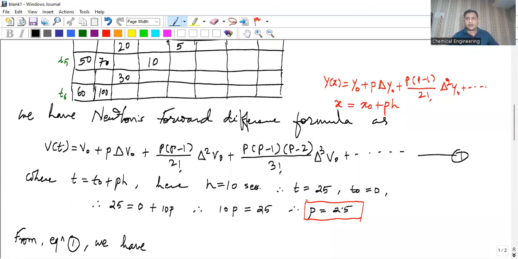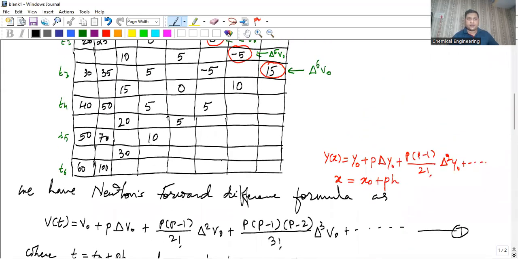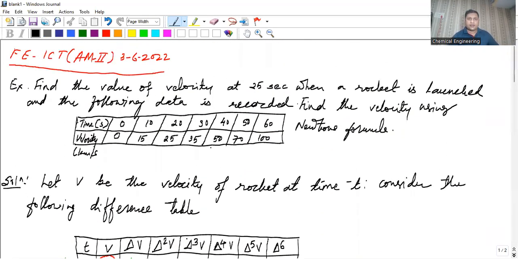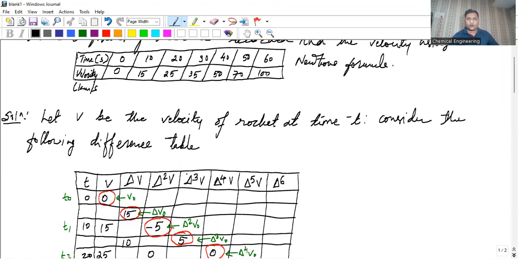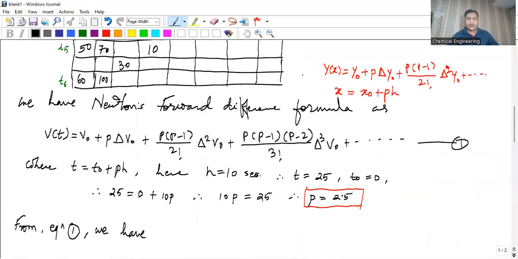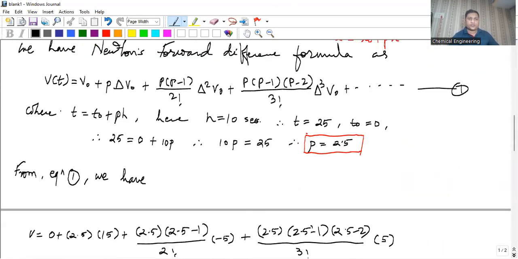So velocity is dependent on time. The formula x equals x0 plus ph becomes t equals t0 plus ph. We have to find the value of the velocity at 25 seconds, so we have to find v at t equal to 25. So we have considered 25 here.